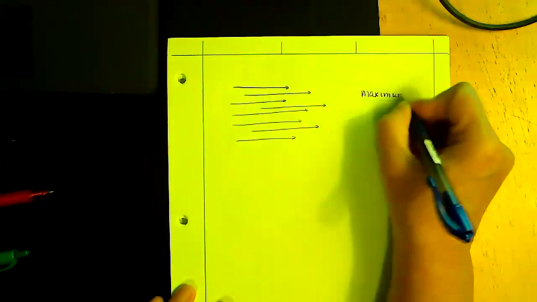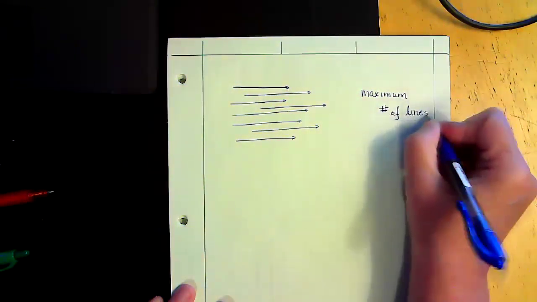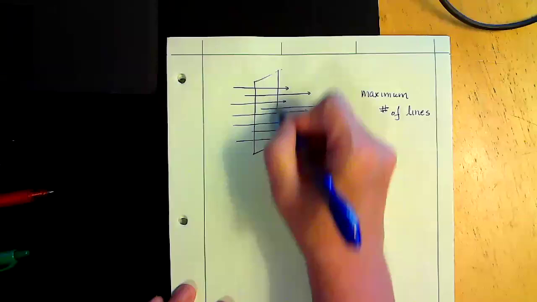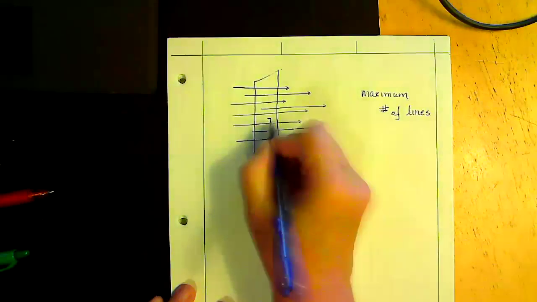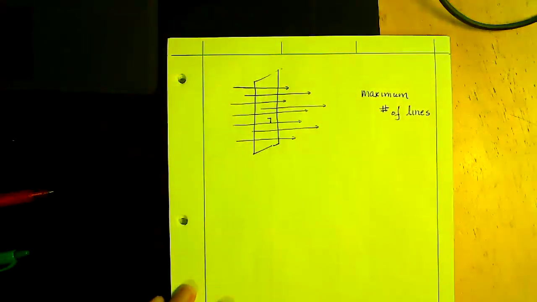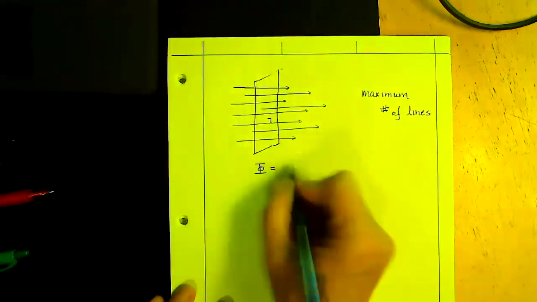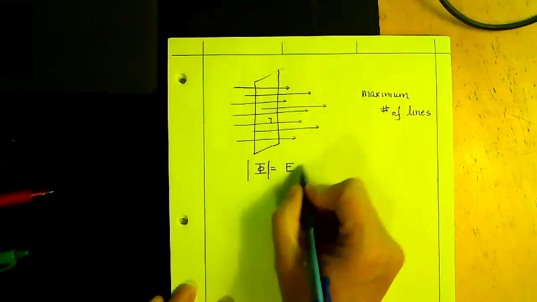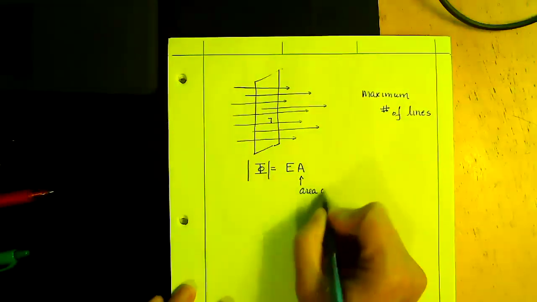Now, the maximum number of lines that go through this is when I draw my surface such that my surface is perpendicular to my flux lines. All right. And then the magnitude of my flux is going to be equal to the electric field times A, where A is the area of my surface.